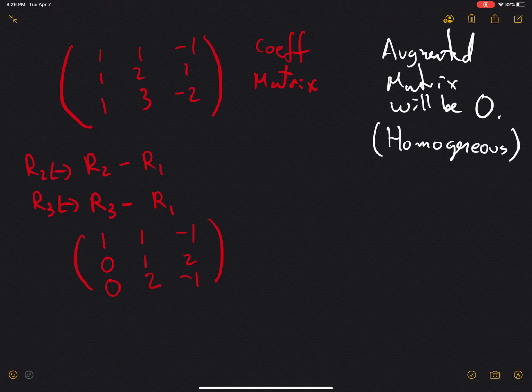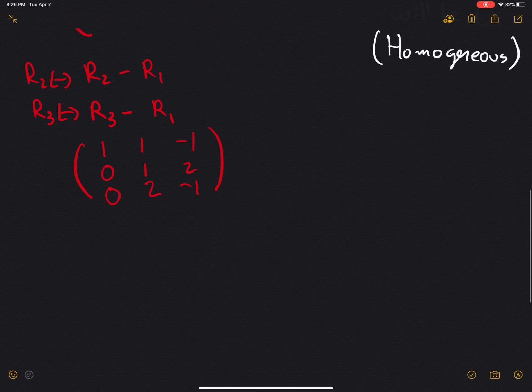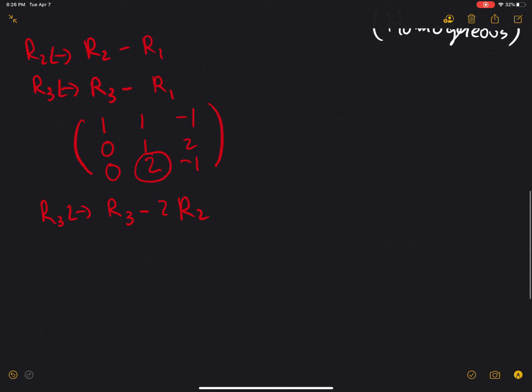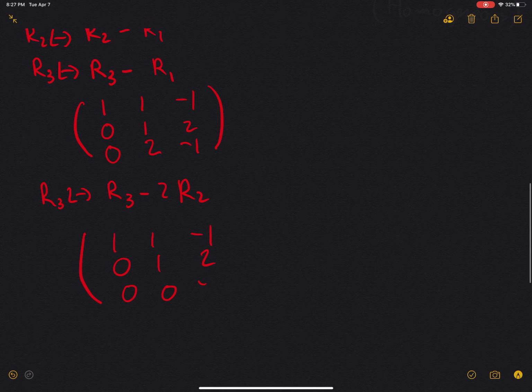Now notice that I can also replace the third row by the third row minus 2 times the second row, and that will get rid of this number right here. If I do that, the first two rows will remain the same, and then my last row will be 0, 0, and then that will give me -4, I believe.